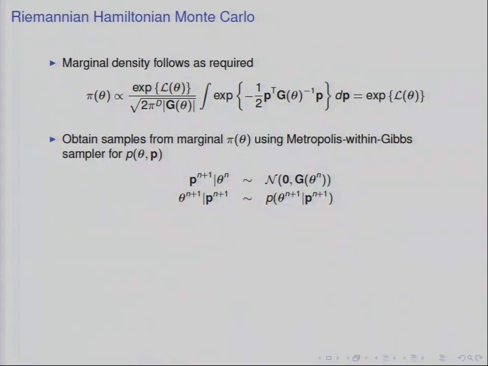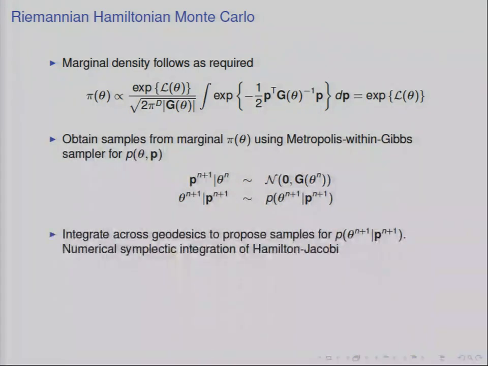We now sample our momentum from this normal distribution, but the difference from yesterday is that this normal distribution has a covariance structure which is a function of the current values of theta. And then we sample a theta from this distribution here, which again is constructed from the path that's followed by numerically integrating Hamilton's equations.